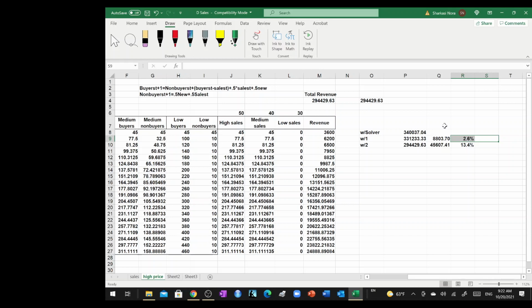And this 2.6% is a good number. Look at it, it's 8,803. In terms of millions it could be, in terms of Ks, 1,000s, it could be. That's how big the numbers could be, the 2.6%. Over here, if you are very conservative, you will lose even more. You will leave on the table 13.4%.